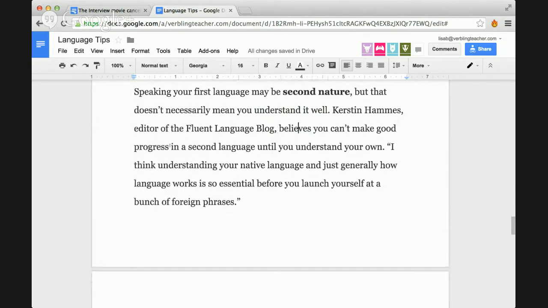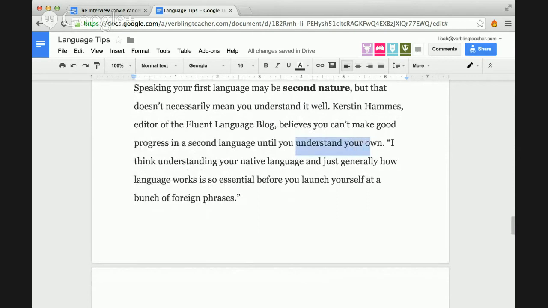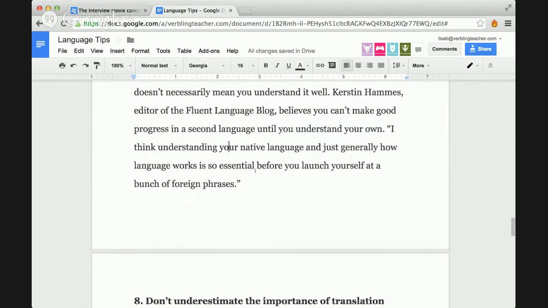So she thinks it's a good idea to understand your own language. In fact, I was just going through some books, and I have this book here which is called English Grammar for Students of Spanish. We have a lot of these types of books in the language learning section of bookstores, where it has English grammar for students of other languages, so that it can kind of explain to you the differences, so you actually understand your native language better as well.